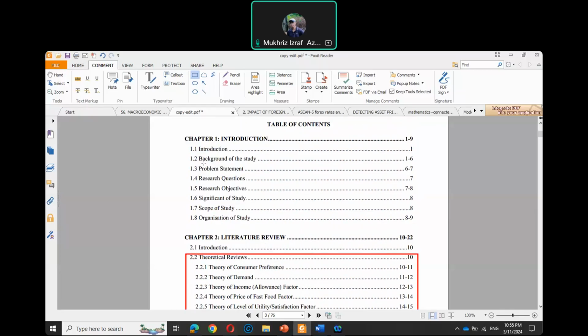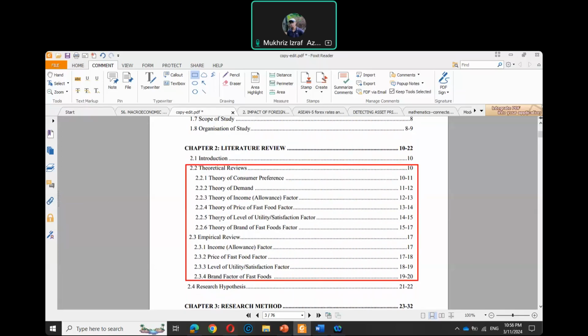In the intro, in the background, it might be shorter, 1 or 2 sentences only. Okay, but for the empirical review, you can afford to write more, meaning maybe about one short paragraph for one author or for one paper. Okay, so I will show you some examples in this thesis or whichever thesis I choose later.